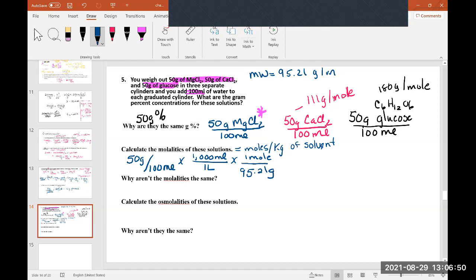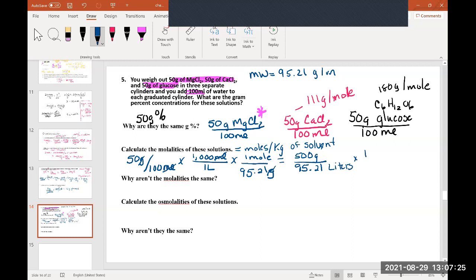My milliliters will cancel. My grams will cancel for units. And if I do this math, I am now left with 500 grams divided by 95.21. And the units that I still have are grams over liters.